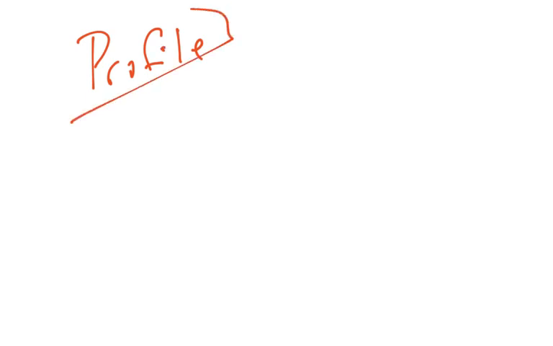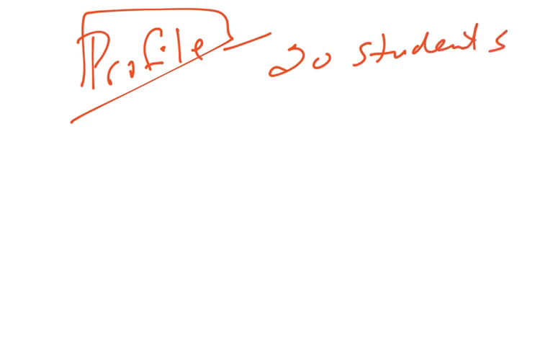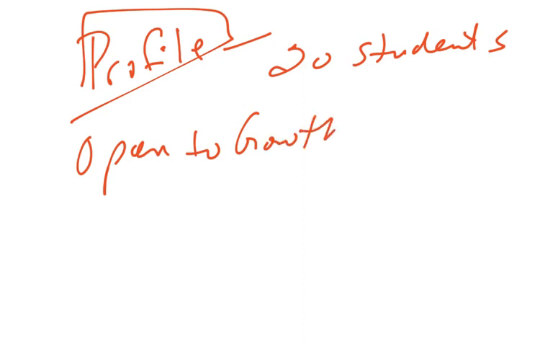Now, for Jesuit, before we talked about the profile as definition, but we could also use the profile to classify students. Again, we've got 20 students, and now we might say that clearly, out of those 20 students, 10 very much reflect the definition of open to growth.